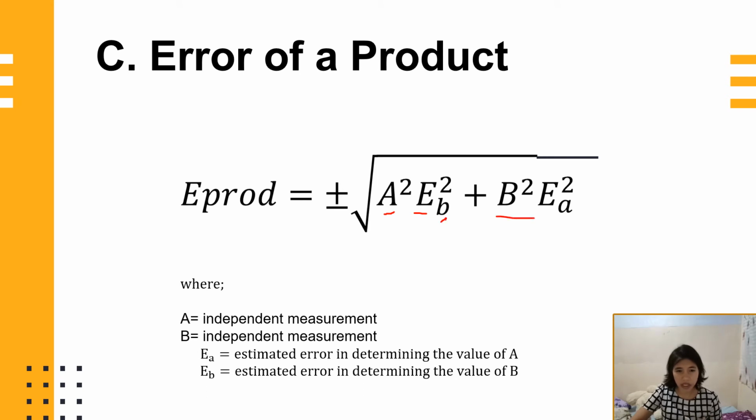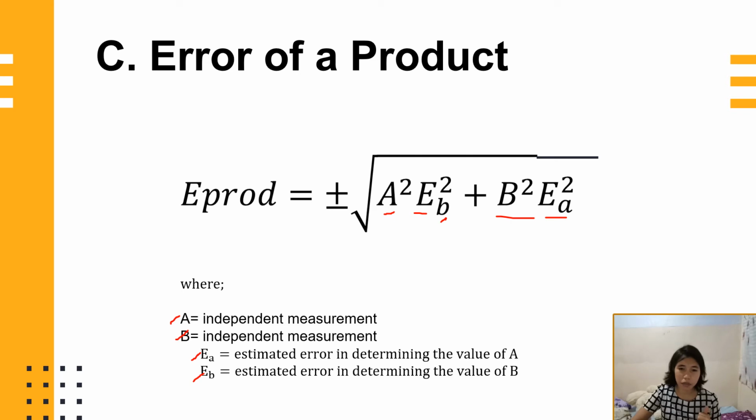You have B, which is your second independent measurement, and EA is the error of the first independent measurement. So it just exchanges values, where A is the first independent measurement, B is the second independent measurement, and EA and EB are the estimated errors in observing your independent measurements A and B.